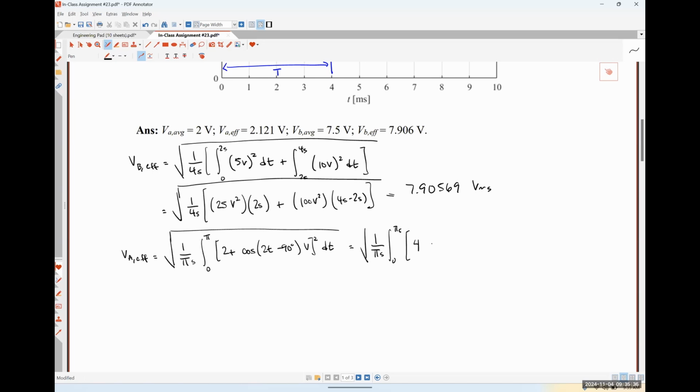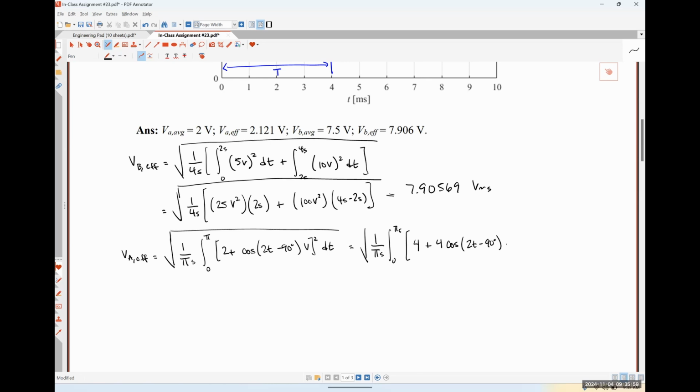Then I'm going to have plus cosine, this cosine thing times 2, so overall that should look like 4 cosine 2t minus 90 degrees.